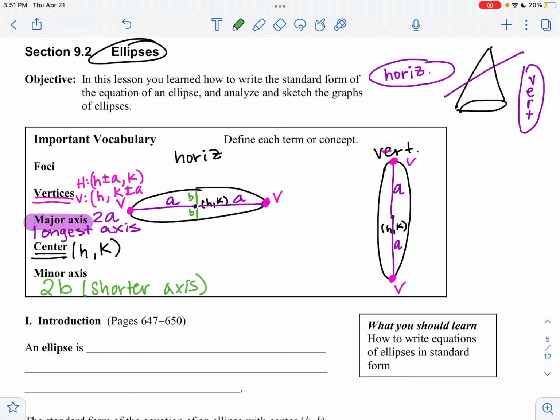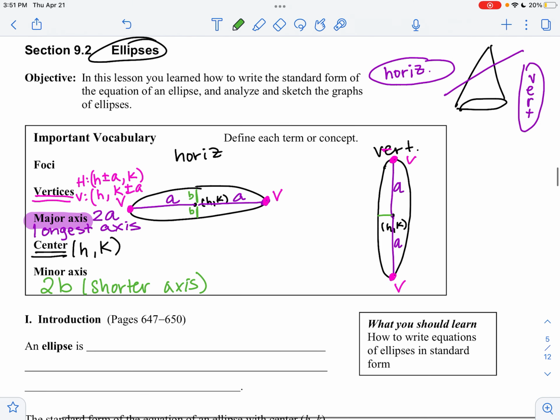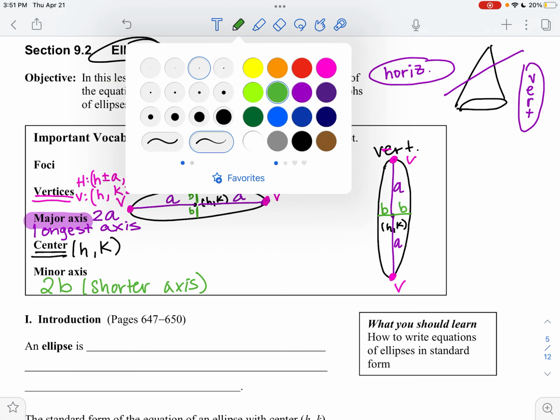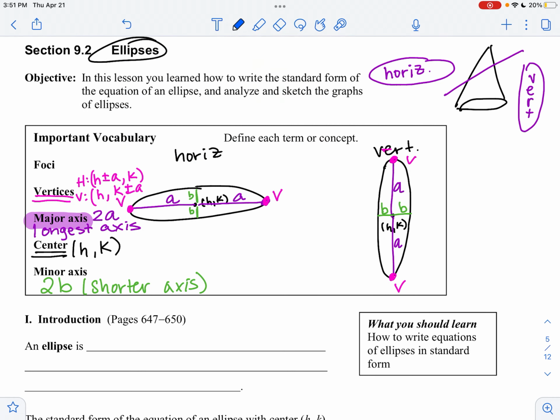So on the horizontal ellipse, it's the vertical axis. And on the vertical ellipse, it's the horizontal axis where those distances are B. And where the minor axis hits the ellipse, those are our co-vertices.